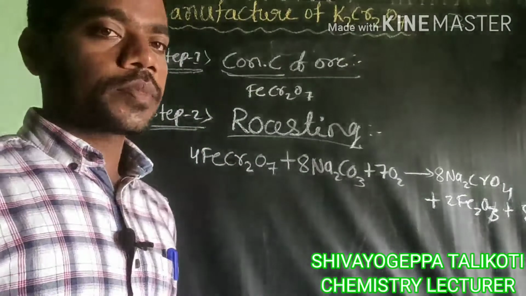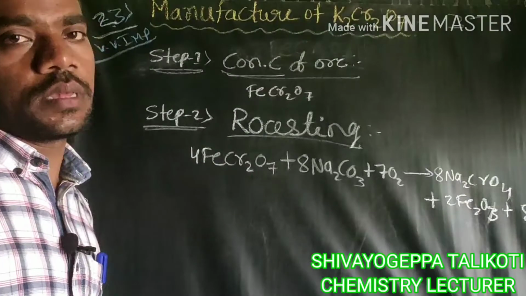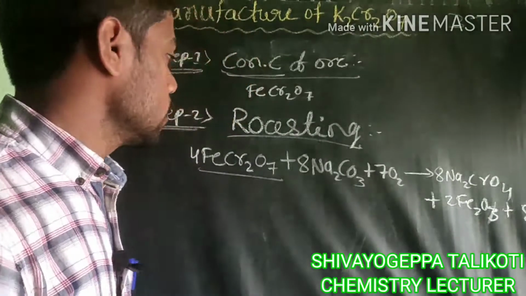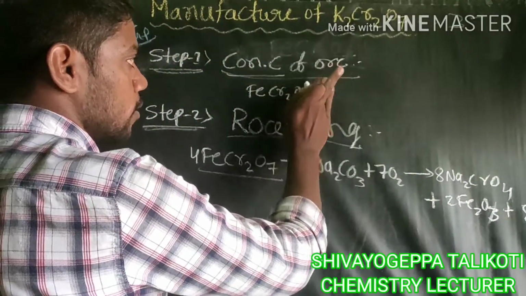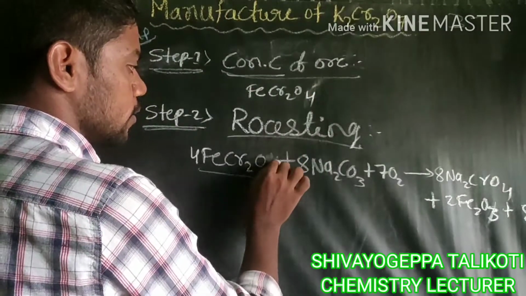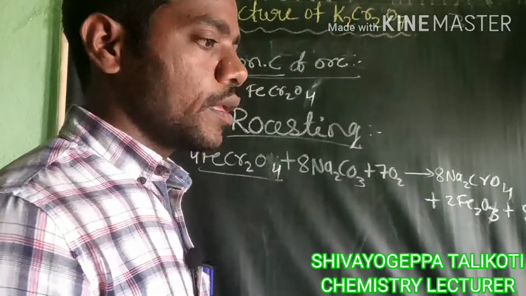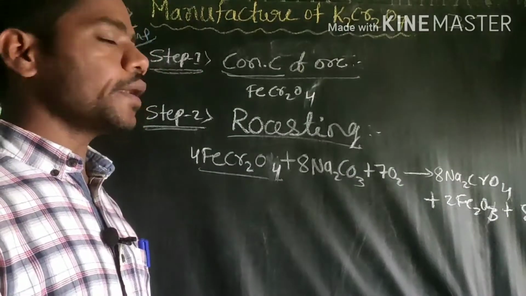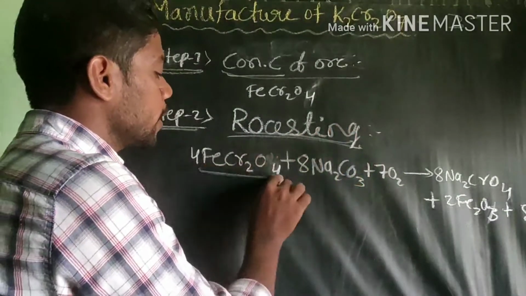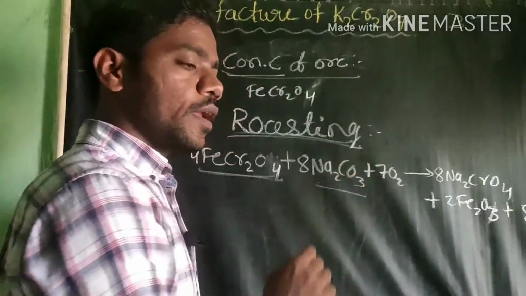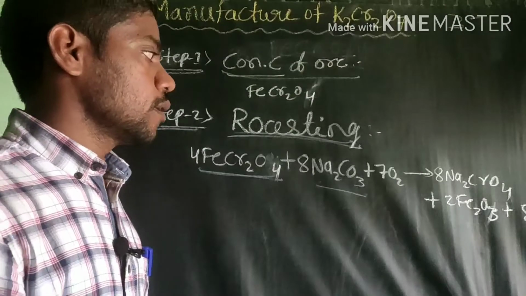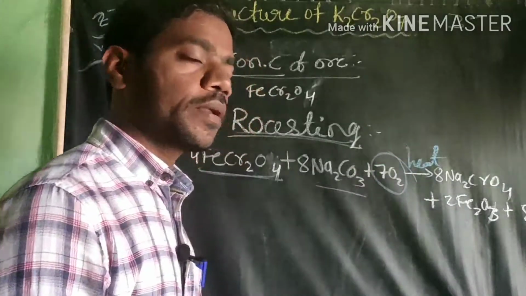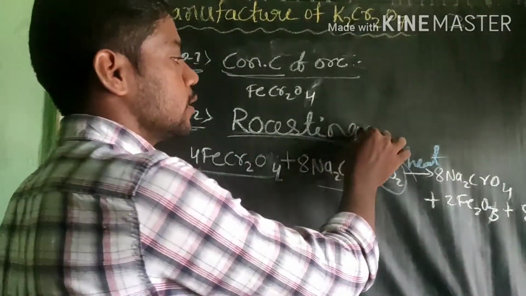What does roasting of ore mean? The chromate ore formula is Fe2Cr2O4, sorry, not Fe2Cr2O7. In the roasting step, the chromate ore mixed with sodium carbonate, or it may be potassium carbonate, is heated in the presence of oxygen. That is called roasting.